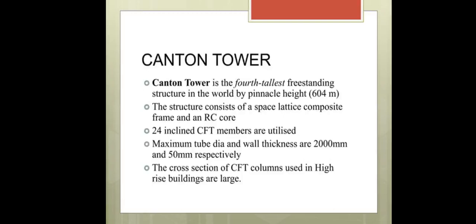Another example of the CFST is Canton Tower, which is currently the fourth tallest freestanding structure in the world. Its height is 604 meters. The structure consists of a space lattice composite frame in which 24 CFST members have been utilized, which have a maximum diameter of 2000 mm and wall thickness of 50 mm.